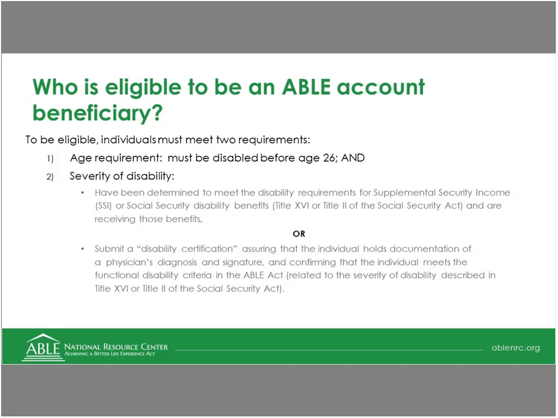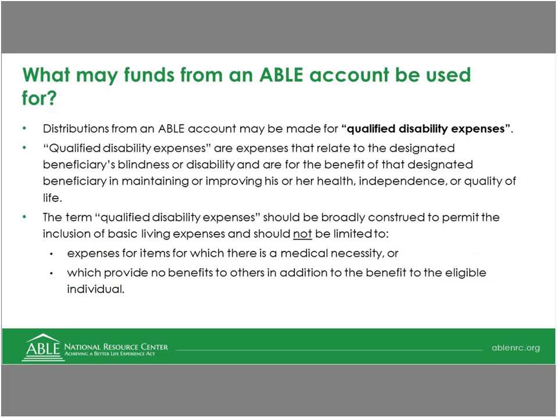However, you would have to submit what's called a disability certification, and that certification assures that the individual holds documentation of a physician's diagnosis and signature and confirms that the individual meets the functional disability criteria in the ABLE Act related to the severity of the disability described within the Social Security Act, which is basically the SSI children's definition in order to be eligible for that. So there's multiple ways that you can be eligible to open up an ABLE account, and that's a snapshot of what that looks like.